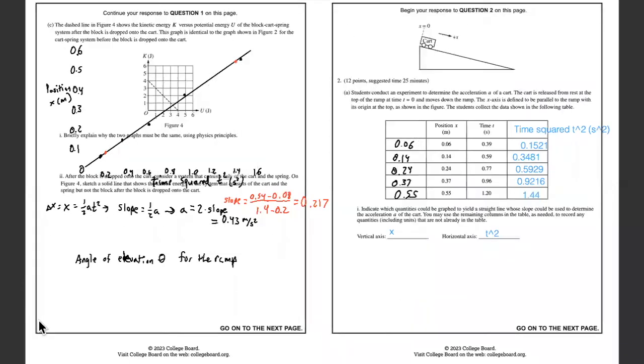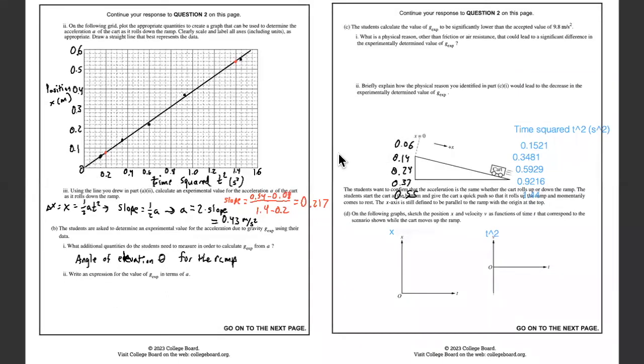If I go back to the previous diagram, you can see that the cart was released from rest. And we're trying to come up with a physical reason, not a human reason. So I would say that the cart's initial velocity was up the ramp at time t equal to 0.